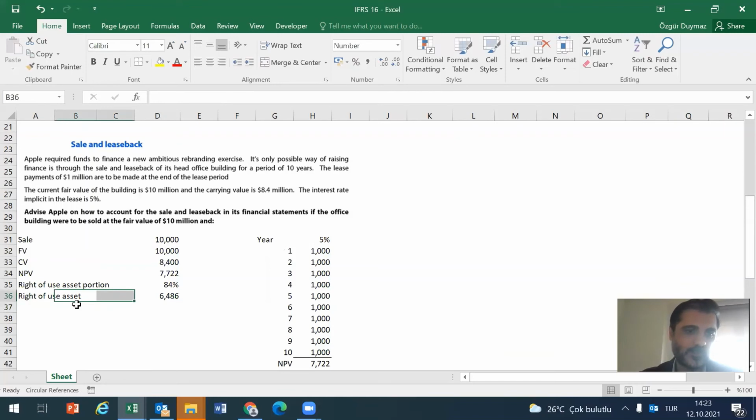This is the right of use asset subject to depreciation, and this is the asset on our balance sheet.